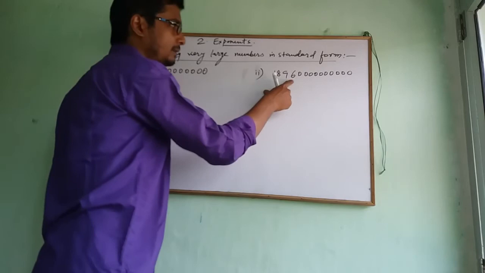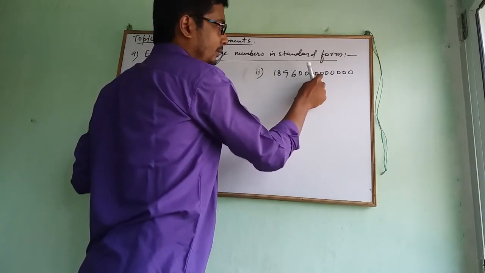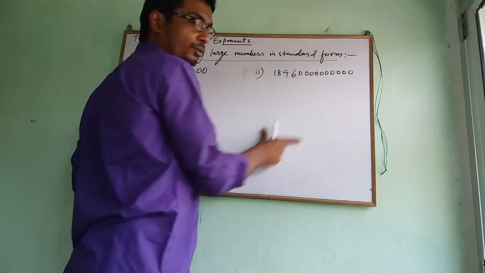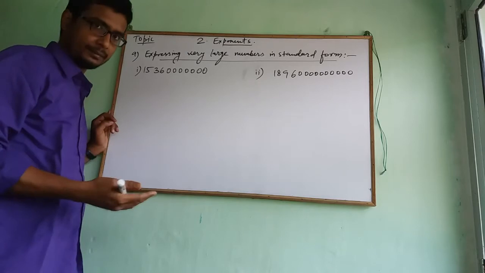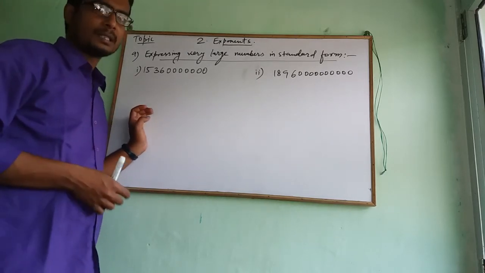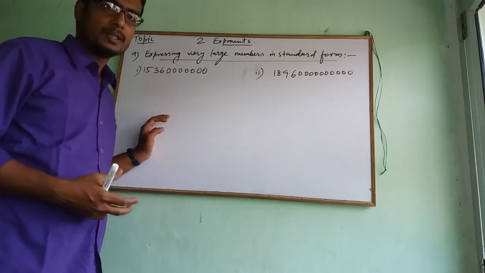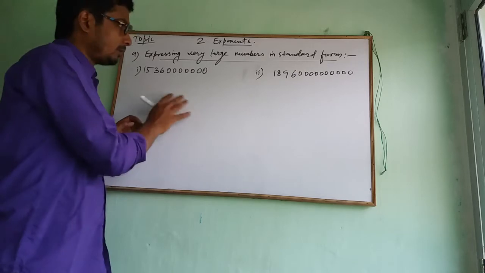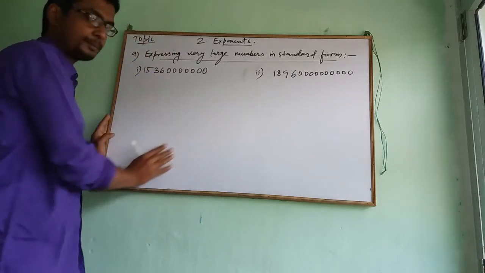And here 1896,000 with 10 zeros. So these are very large numbers, and I have to represent these in standard form. The main purpose of representing numbers in standard form is to make calculation very handy and easy, not too complicated. Now let's take these two examples.